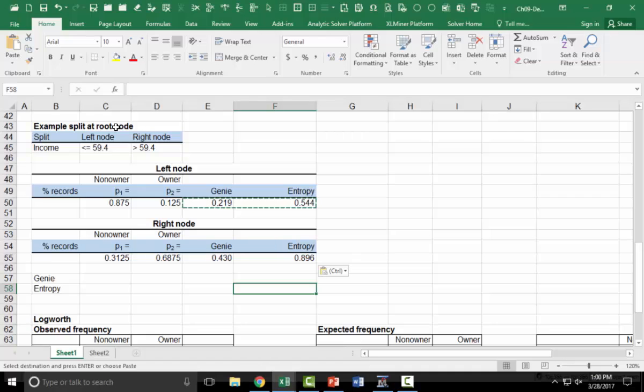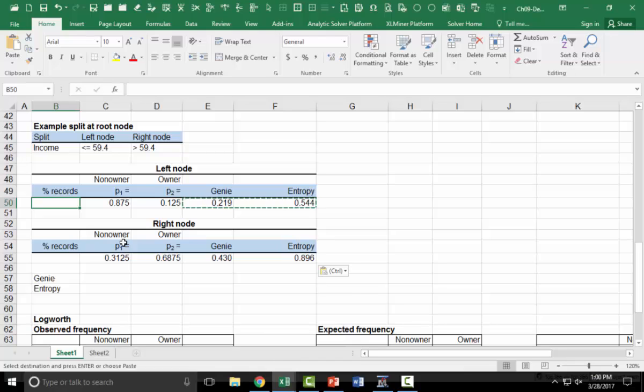That will give you the Gini index for the split itself. For that, we need to weight these values by how many records there are in each of the two nodes, so we can use the proportion of records.